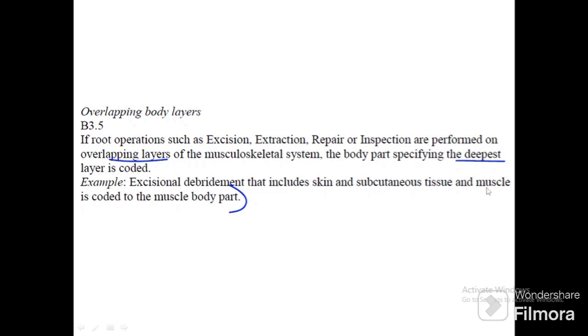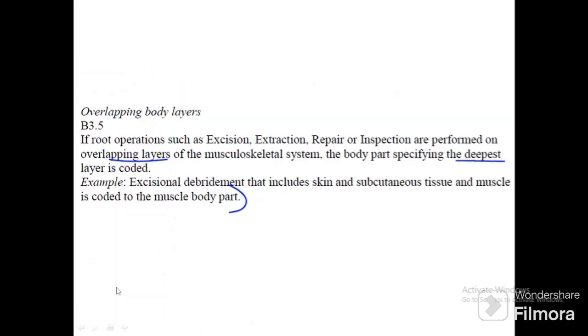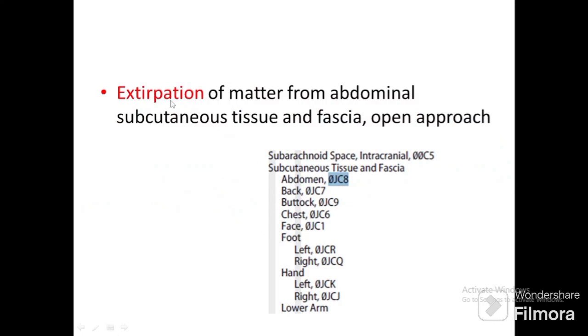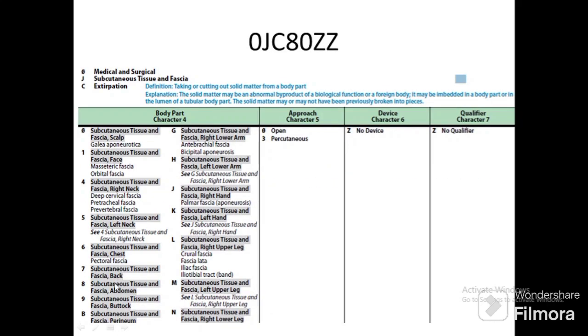That is, the deepest layer here is muscle. So you should always go to the muscle body part. So here the deepest is subcutaneous tissue and fascia. Understood? If this extirpation was done up to the muscle region, then we should go to muscle, but here only subcutaneous tissue and fascia, abdomen.